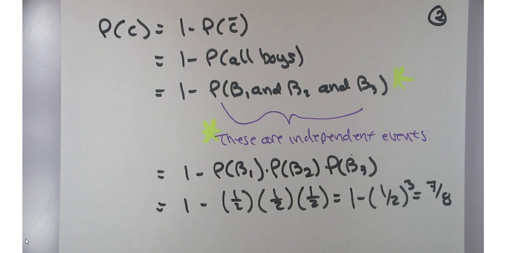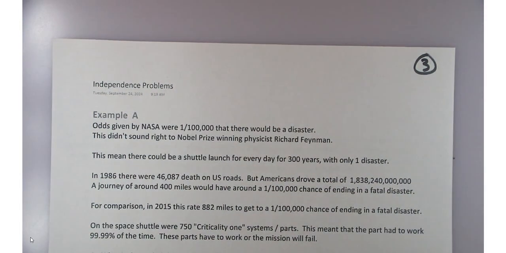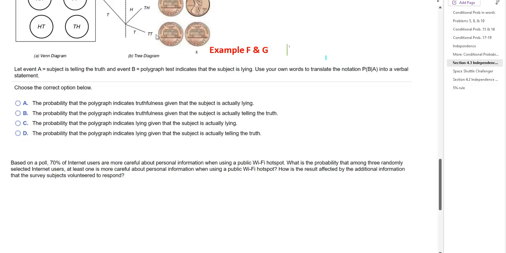Let's move on to another one. This one's on your handout. I'm not sure that there's too many people here that would remember this event, but certainly people who are old enough to understand it remember it. I remember being in school when this happened, and it was the Space Shuttle Challenger.